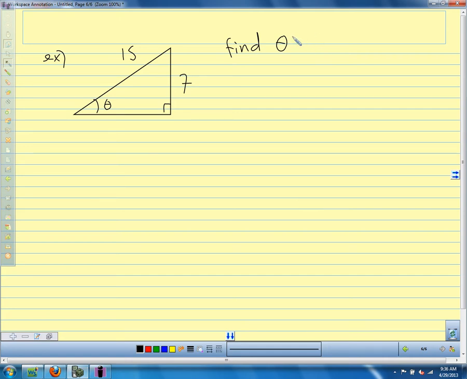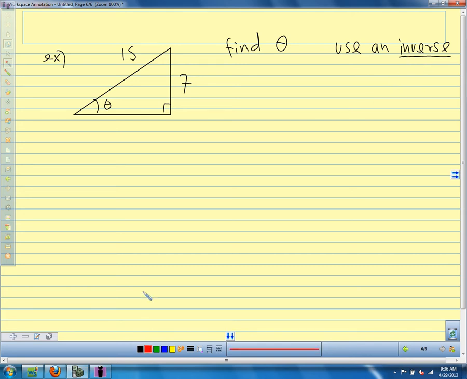We're finding an angle. So what do we have to use when we're finding an angle? Anybody remember? Find an angle. We have to use an inverse. So from the ratio, whenever we're finding an angle, we have to use an inverse.